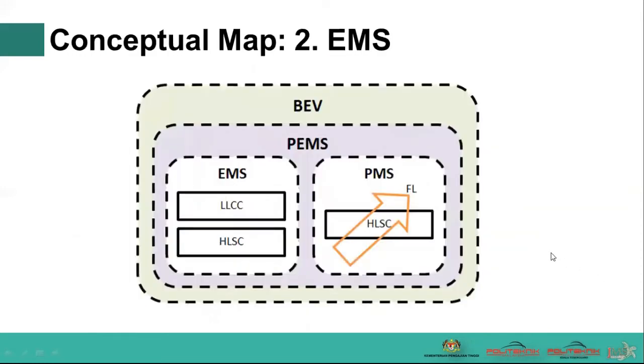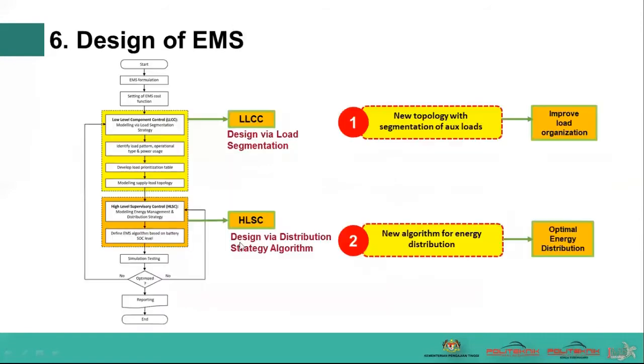And the second task is to design the EMS, which includes 2 levels of control: the LLCC, low level component control, and HLSC, high level supervisory control. So this is the detailed workflow for modeling EMS for BEV.